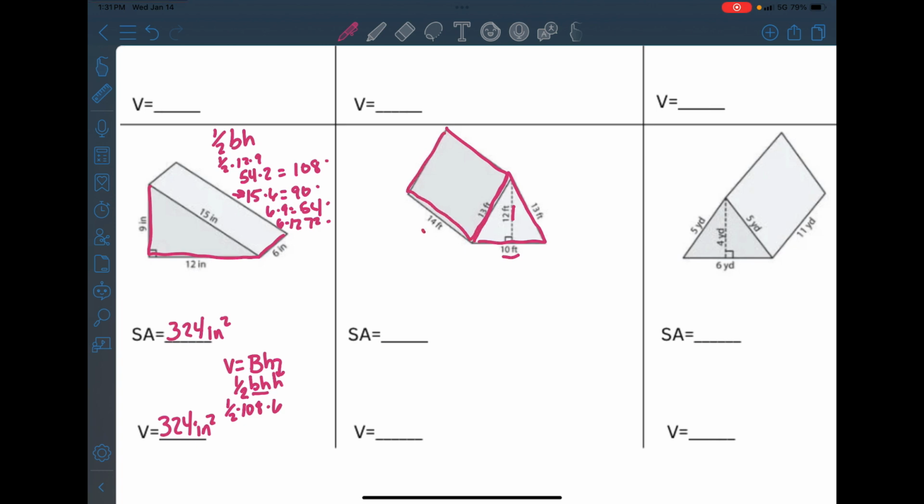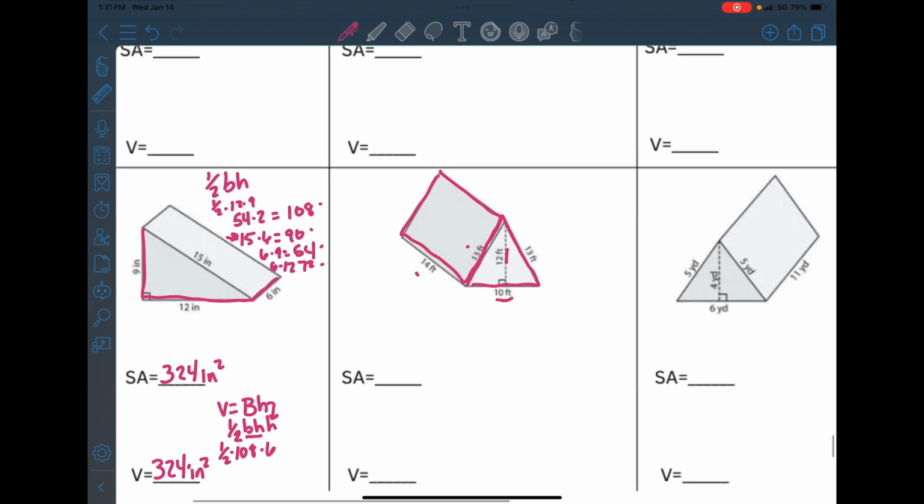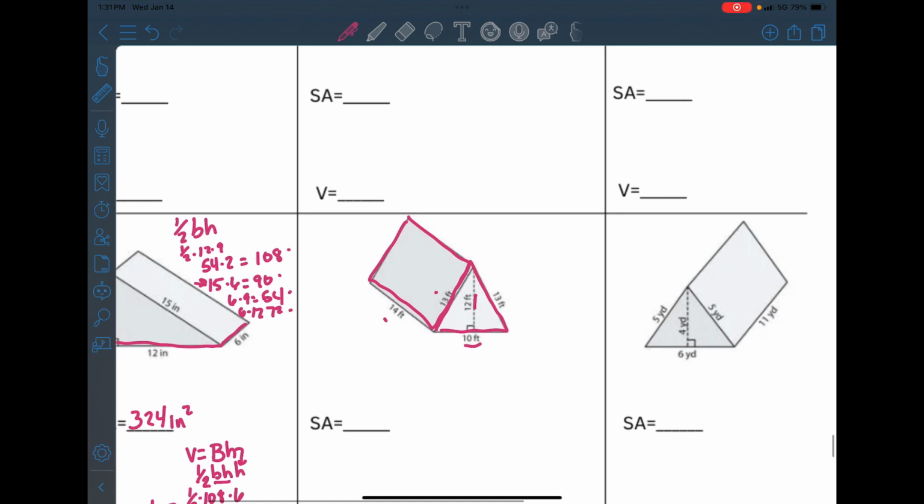You'd have a 13 by 14. And for the one on the side, over here, you'd have a 13 by 14. But the one on the bottom, that one back here, would be a 10 by 14.